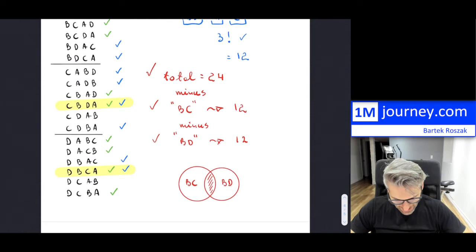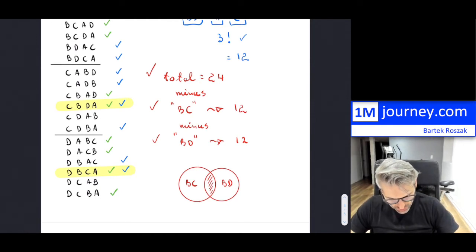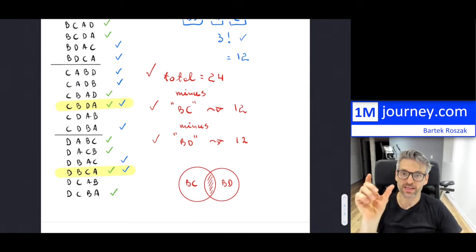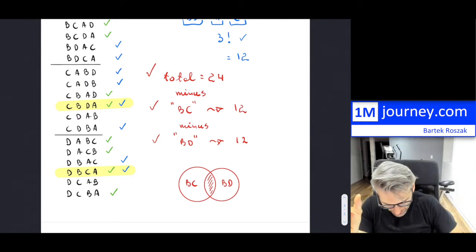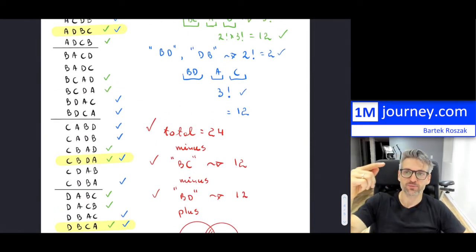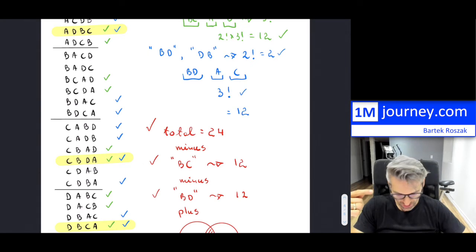So when we say total minus when B and C are together, minus when B and D are together, we now have to say plus, because we have to add back what we subtracted 2 times, right?